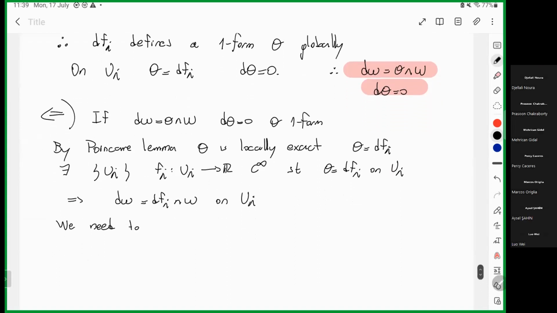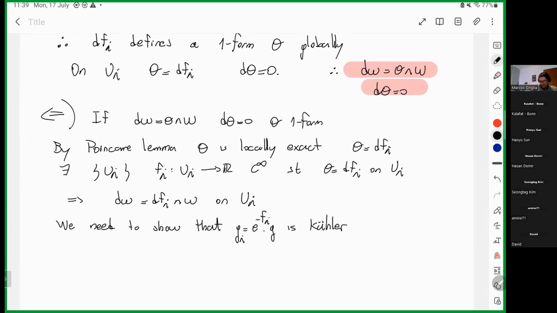We need to show that our local metric, the exponential of φi times the original metric, so this is, remember, gi, has to be Kähler. That was what the definition said about locally conformally Kähler.